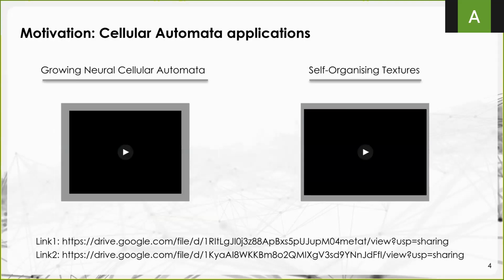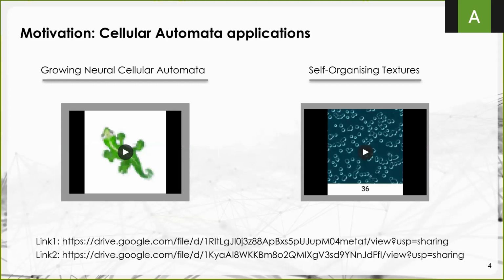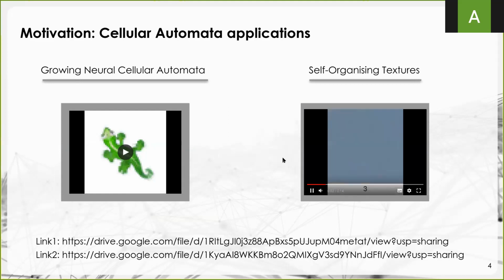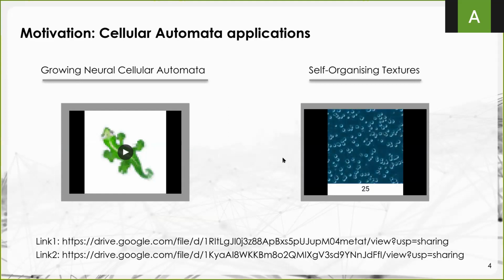Okay, on these slides you can see some practical applications of cellular automata, which were presented in the Google series of articles. Here you can see growing cellular automata, which shows how an image can be reconstructed from a pixel, and self-organizing textures, which used cellular automata too.